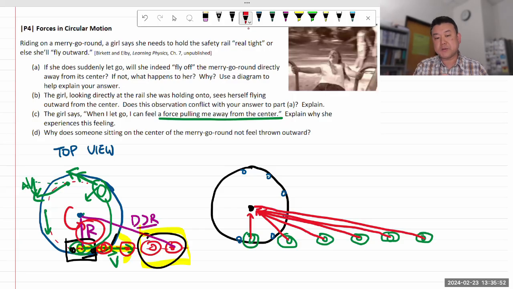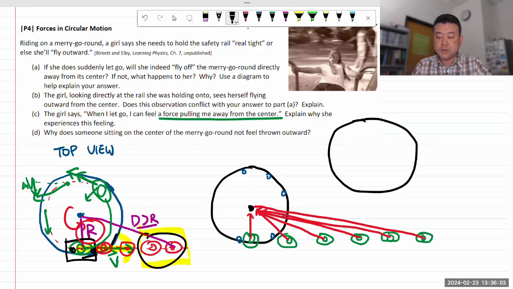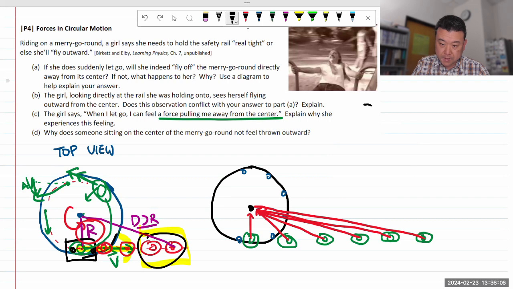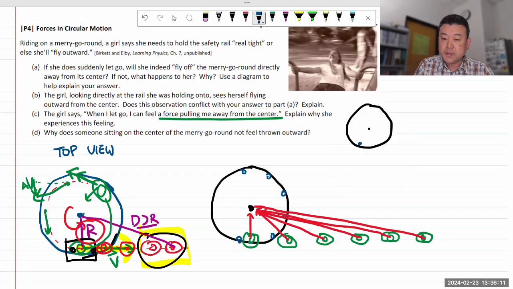Let me try drawing this picture in the rotating reference frame. And I think if people were given the task to do this, this is how I imagine a lot of people drawing it. So let's say you got these two railings. And in a rotating reference frame, these railings would stay in place. That's the rotating reference frame. And you have this girl, and you are thinking, the centrifugal force, the pseudo force in the rotating frame, points directly outward.